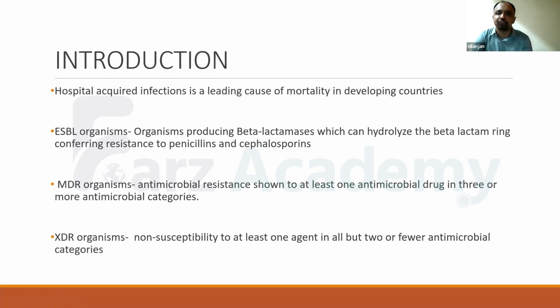MDR organisms show antimicrobial resistance to at least one antimicrobial drug in three or more antimicrobial categories. And XDR organisms are non-susceptible to at least one agent in all but two or fewer antimicrobial categories.